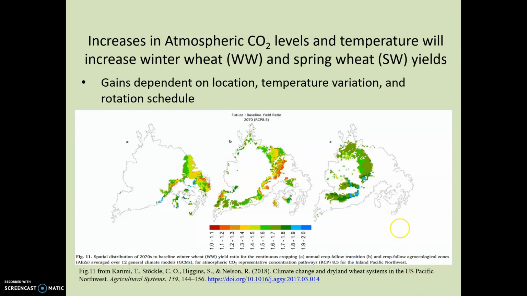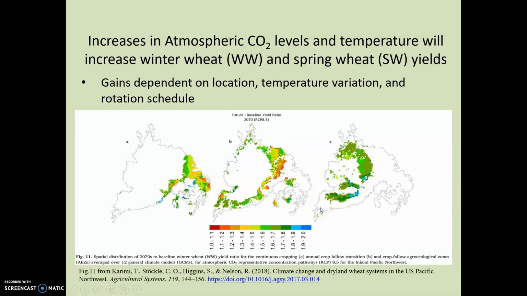As you can see here, this map is a picture of the Northwest near Spokane. I know it's hard to really see, but this is a future RCP 8.5 emissions scenario. Spaced out here, you can see some growth in some areas, but in the blue, that's a lot of yield growth.